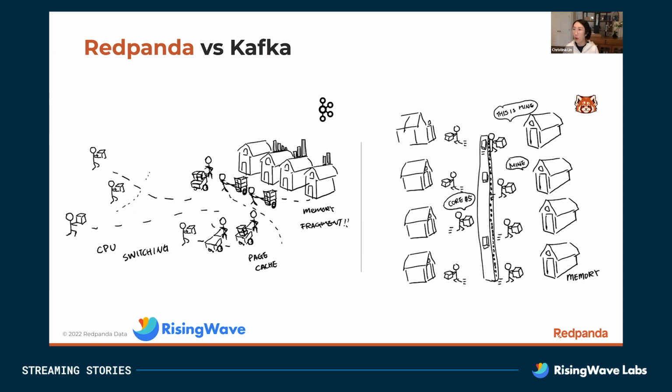And the way we use the cores is very different. In computer systems, the cores are shared among applications, right? And they're very busy caching and switching, okay, I'm going to do this application first, now I'm switching to that. That is how your computer architecture is set up. But Redpanda has a thread-per-core architecture, where every single core in your CPU is allocated to do one thing: writing data into memory and flushing the memory to your disks.